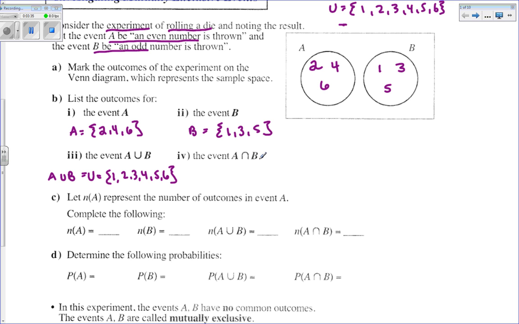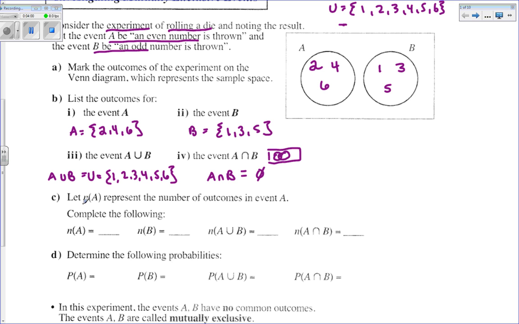For A intersect B, there's nothing in common, because the intersection is the part in the middle where the events overlap. So for this experiment, A intersect B is the empty set.